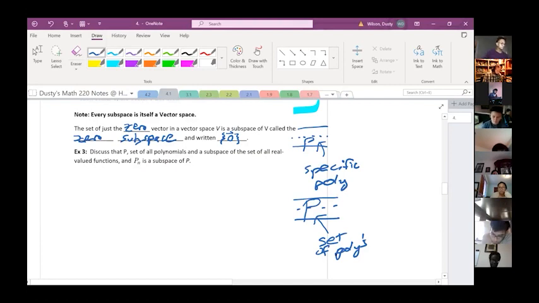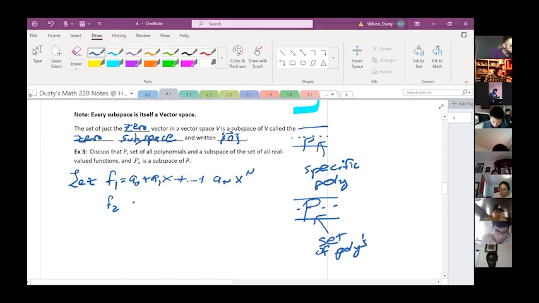Let's give ourselves a couple of polynomials and see what happens. Let f1 equal a0 plus a1 x plus ... plus an x to the n, and f2 equal your b's, and c be a scalar.